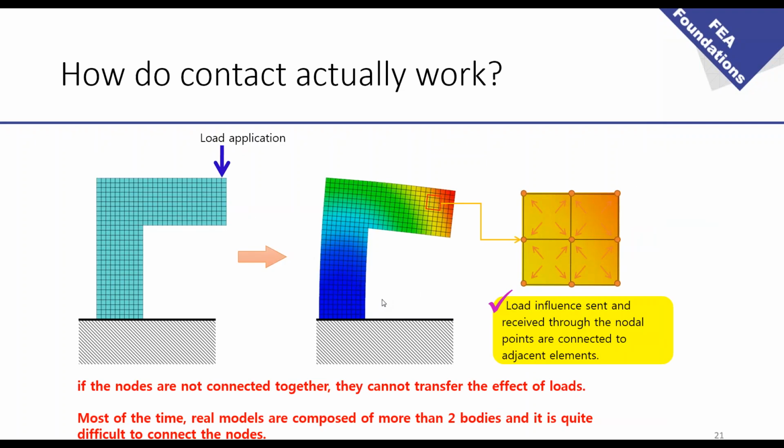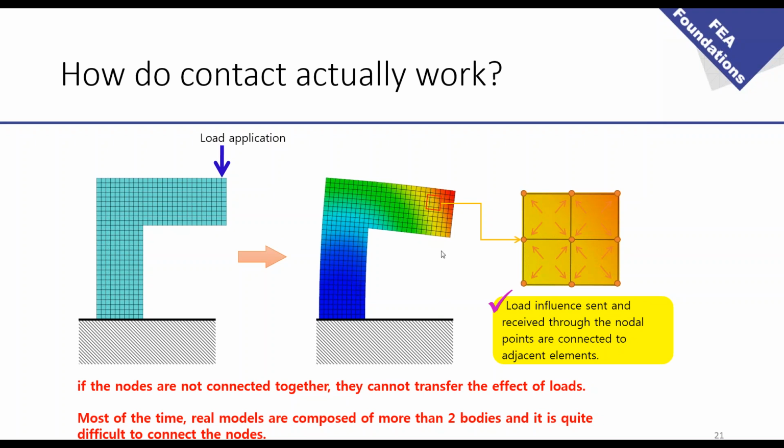So how do contacts actually work? In a FEA model, you know that the model is divided into a lot of small elements and nodes, and the purpose of the element is to connect the nodes together.